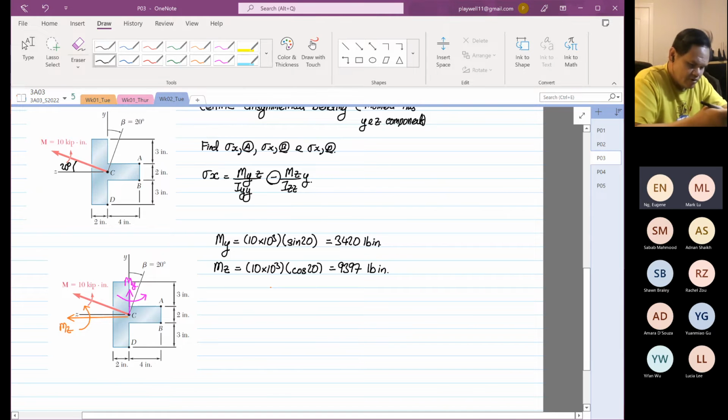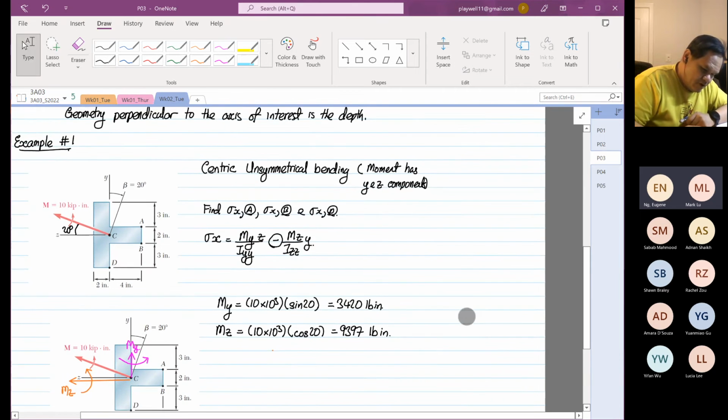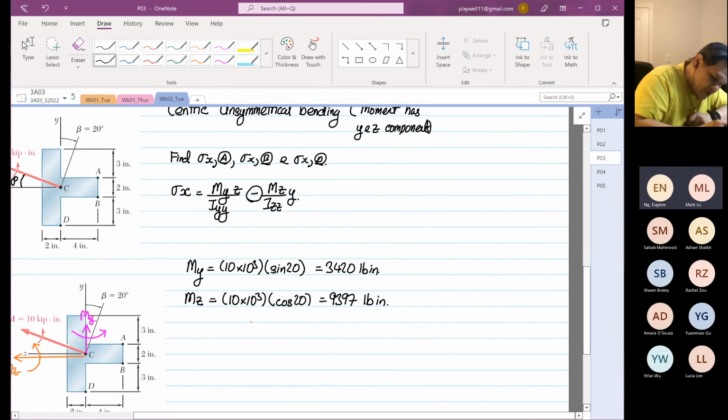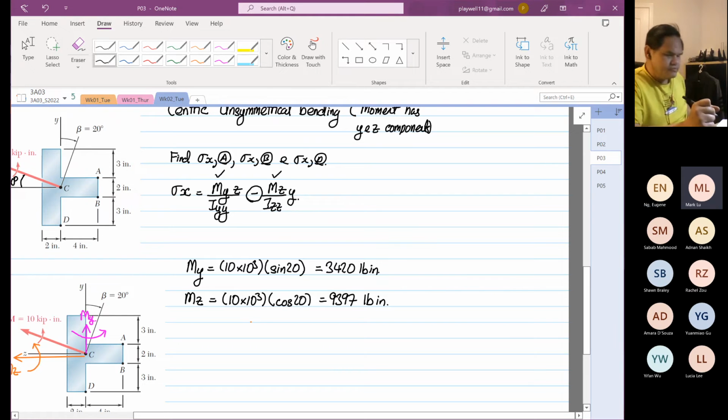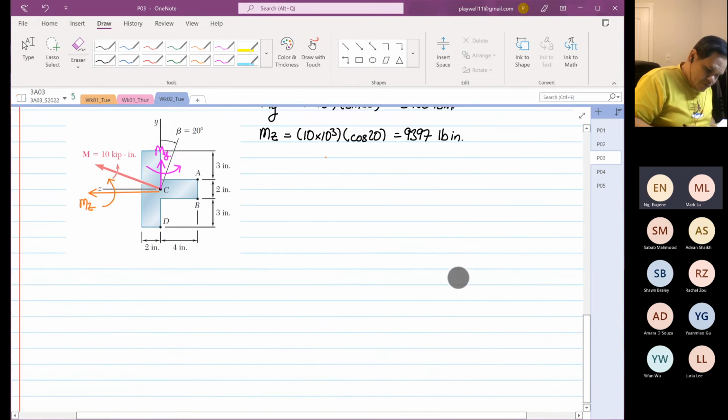Let me do it again. Cos 20. Yep, we're good. So if we reflect back on the formula, we have found My, we know what Mz is. Next, we are going to determine Iyy and Izz.